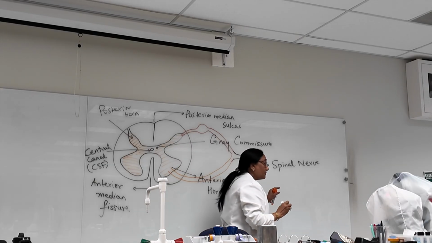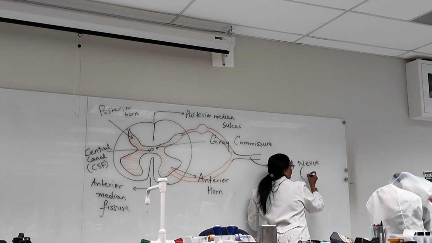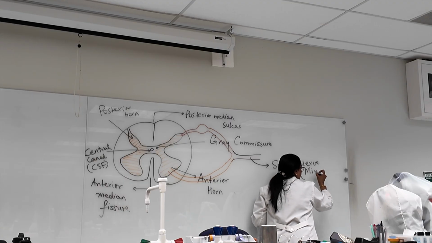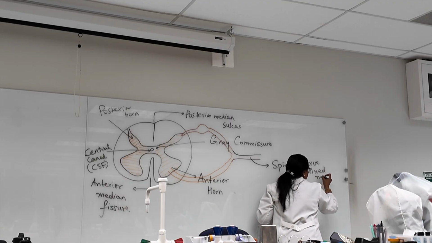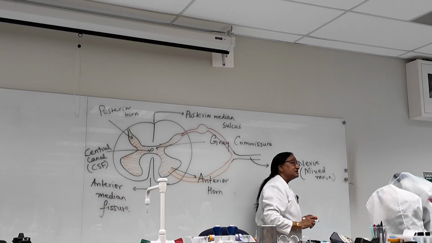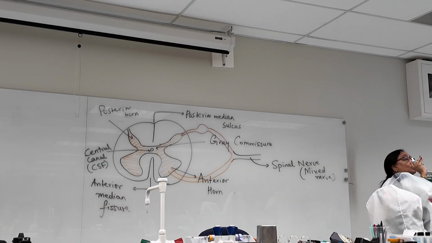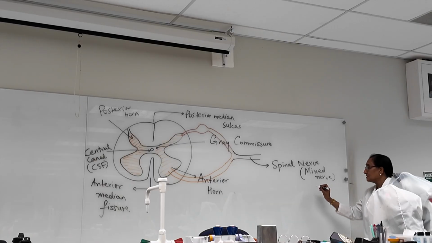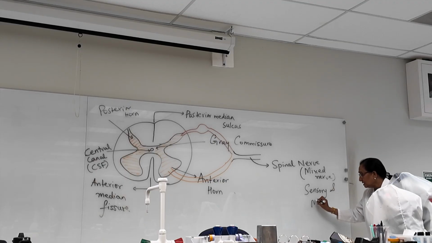Now remember that spinal nerves are mixed nerves. What does a mixed nerve mean? That means it has both sensory and motor nerve fibers. You already know what sensory and motor means.